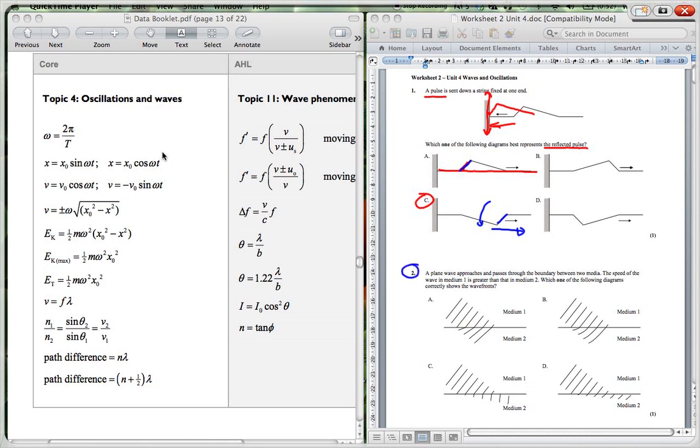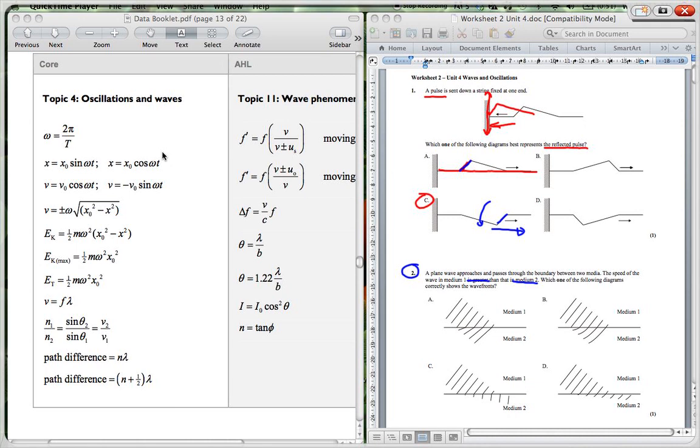Looking at question 2, a plane wave approaches and passes through a boundary between two media. The speed of the waves in medium 1 is greater than in medium 2. Which of the following diagrams correctly shows the wave fronts?